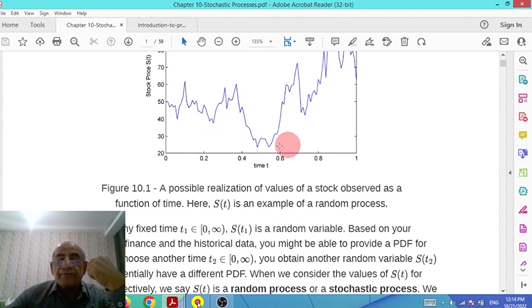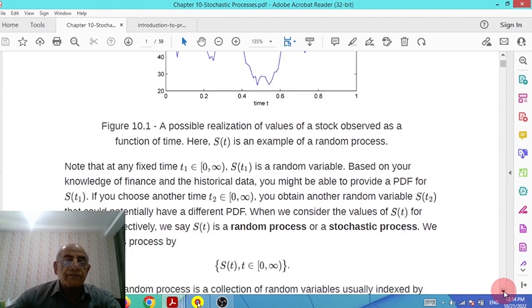This is the realization of a stock price observed as a function of time, meaning S(t) is a function with argument t. This is an example of a random process.